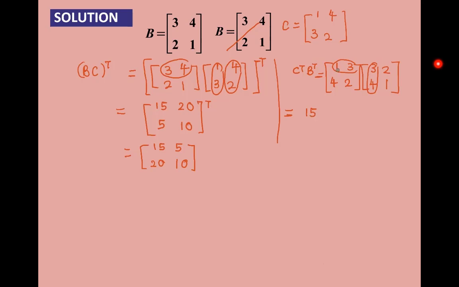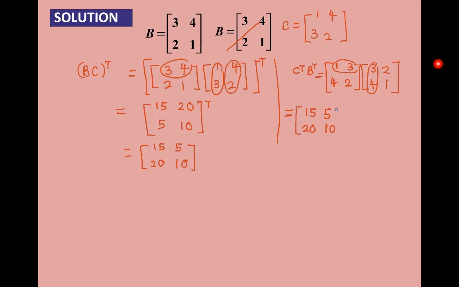Okay, next is row 1, column 2. 1 times 2 is 2, plus 3 is going to give us 5. 12 plus 8 is going to give us 20. And the last is 8 plus 2, sorry, which gives us 10.